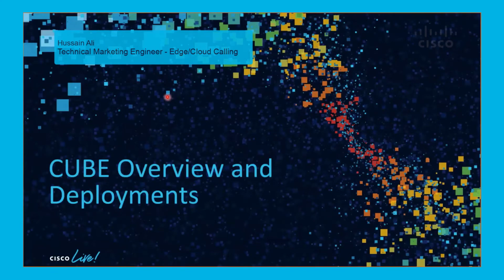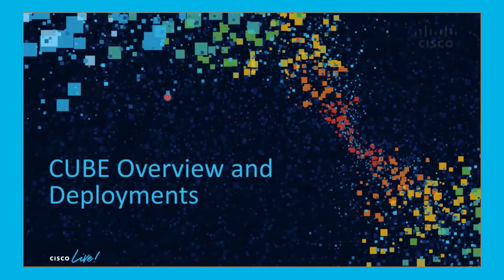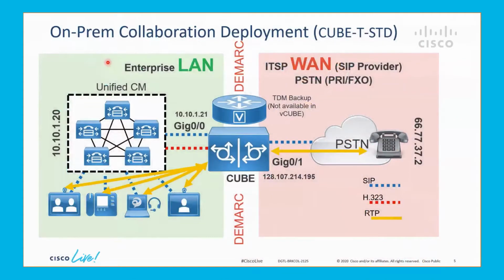All right, so in this section, I will give you an overview on Cube and the various deployment types that Cube enables. Cisco Unified Border Element Enterprise, otherwise known as Cube Enterprise, is Cisco's flagship session border controller. It is deployed at the edge of a premise based deployment, and has been in existence for over 12, 13 years.